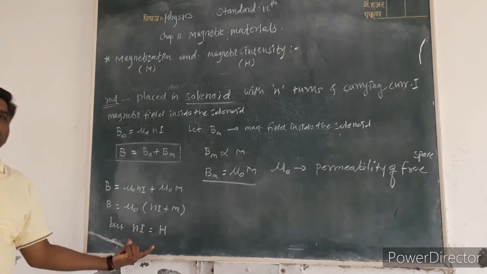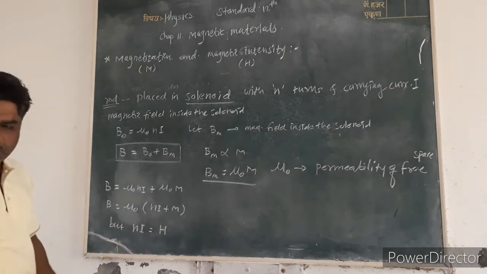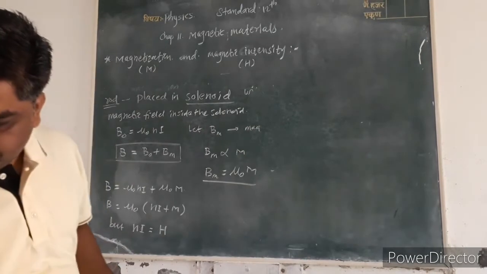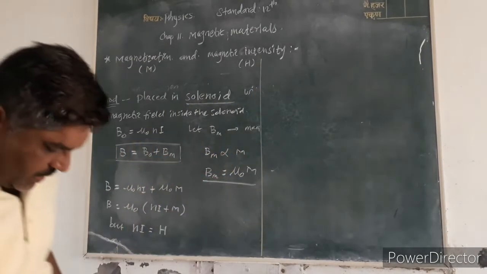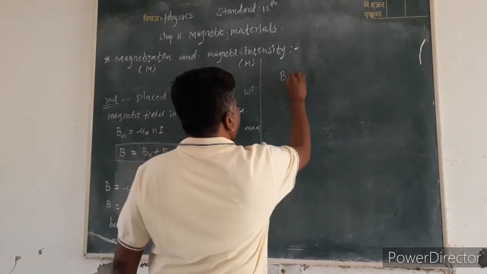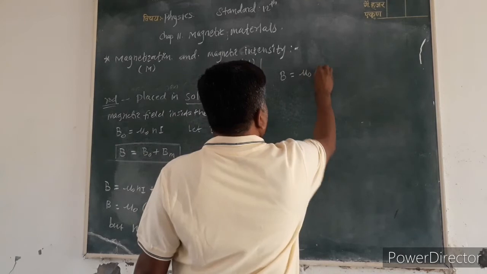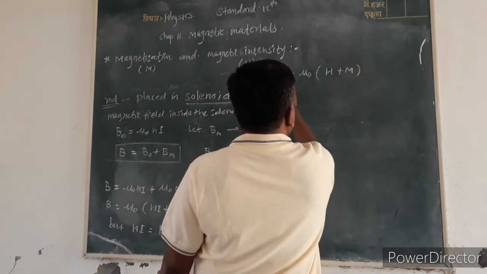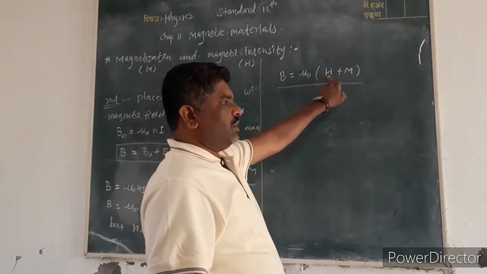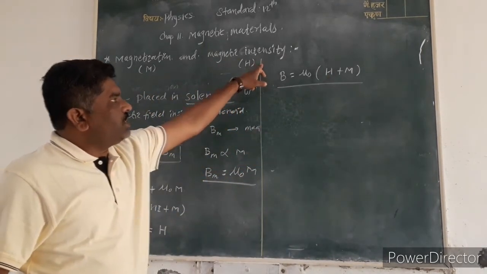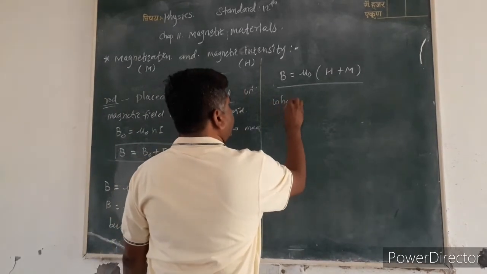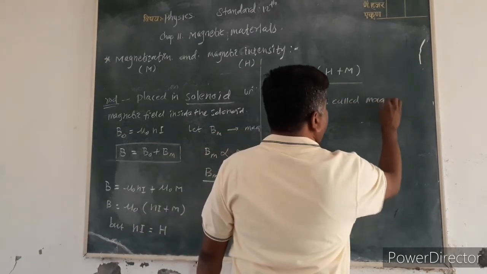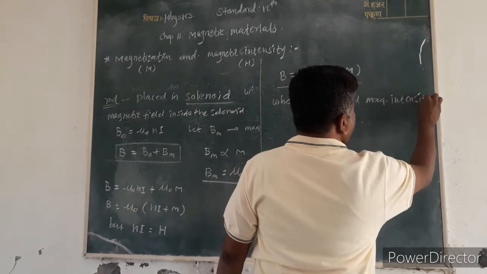We rearrange the equation: B is equal to mu 0 into bracket H plus M, where H is the magnetic intensity.